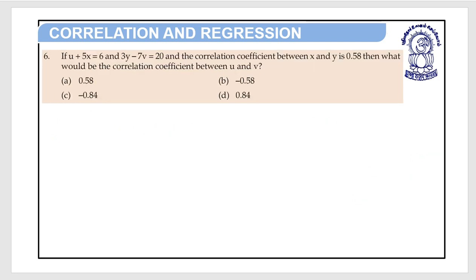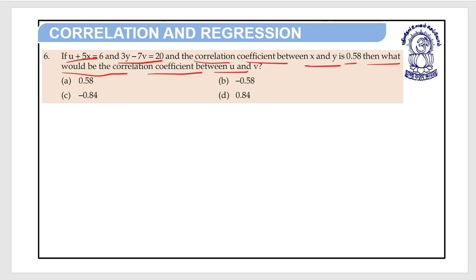So question number 6. If u plus 5x is equal to 6 and 3y minus 7v is equal to 20 and the correlation coefficient between x and y is 0.58, then what would be the correlation coefficient between u and v? So here we have to find out the coefficient of correlation between u and v.